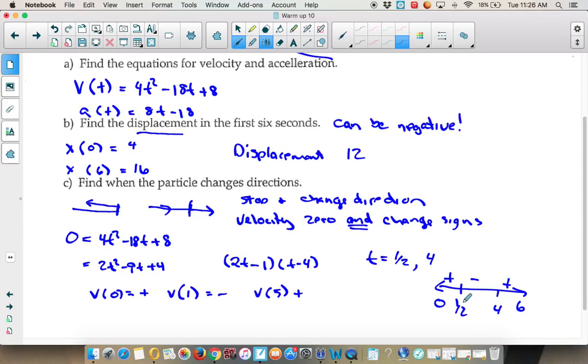So notice I did acknowledge these are my critical values. This is a closed interval, so my closed interval is going to include my endpoints and then any time that my velocity went to 0 in between.